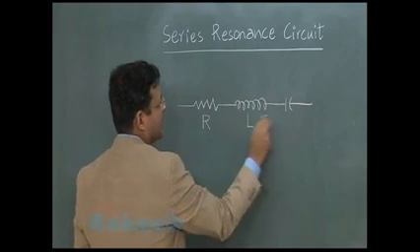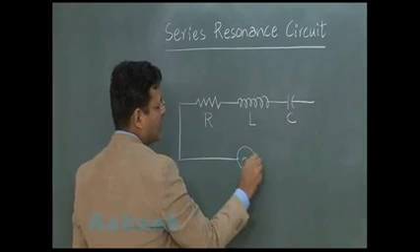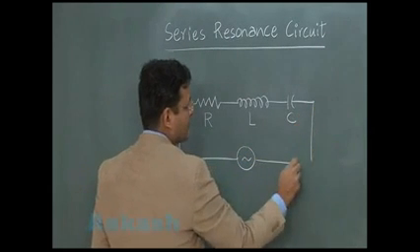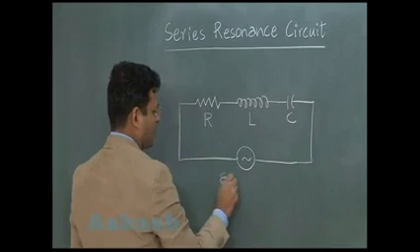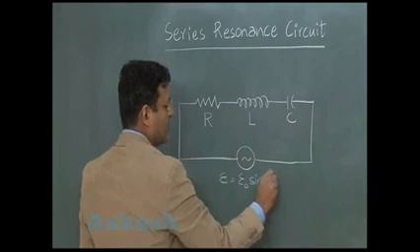Resistor, inductor and capacitor connected in series to an EMF source. EMF is denoted as E naught sin omega t.